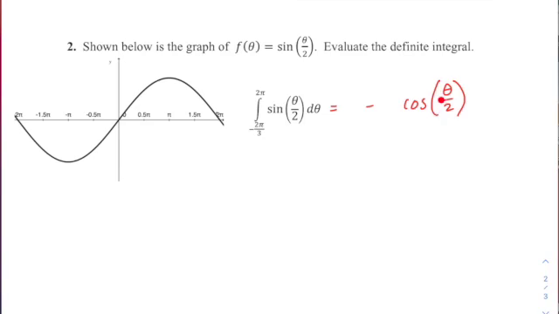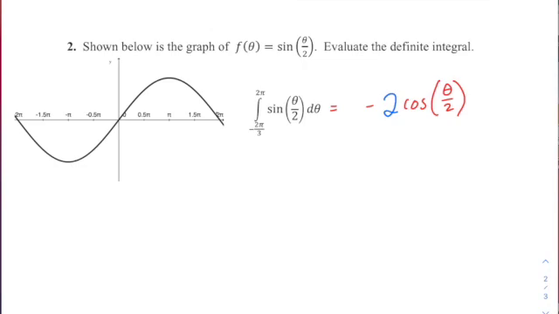So I'm going to divide by 1/2, in other words, multiply by 2, right? And therefore, if I were to take this derivative, negative 2 cosine, I would get positive 2 sine of theta over 2. And then when I multiplied by 1/2, it would cancel out the 2 and leave me with that. So there is our antiderivative.